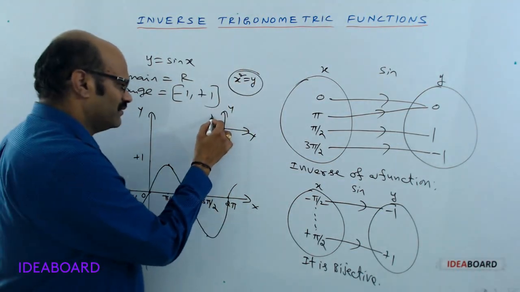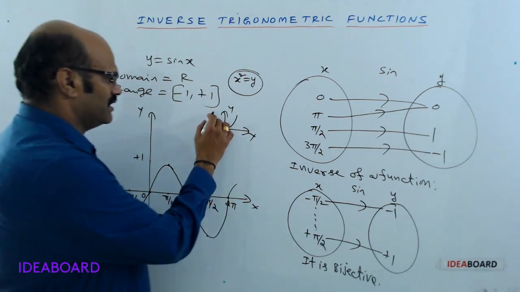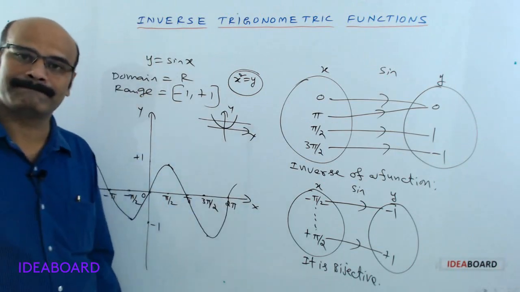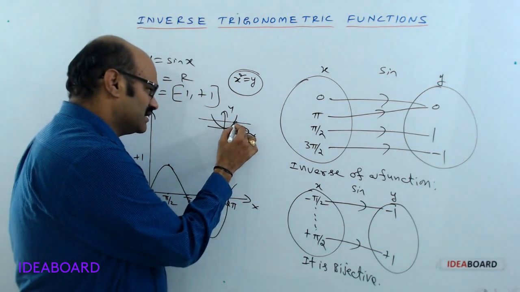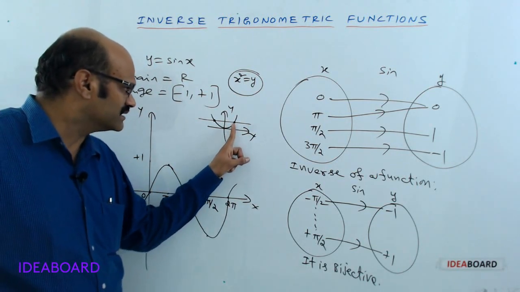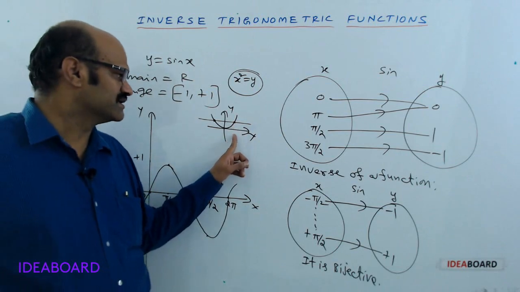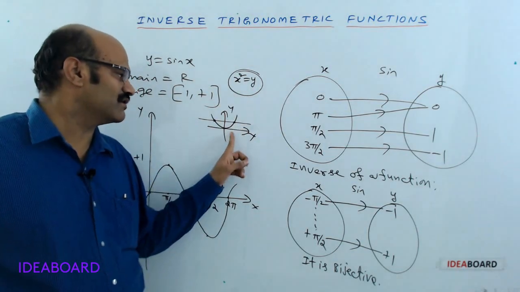This is the graph of y equal to x square. Draw a line parallel to the x-axis. This line cuts the given curve at 2 points. So it is not one-one. Since it is not one-one, the given function is not a bijective function.